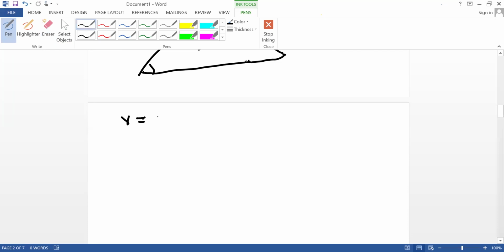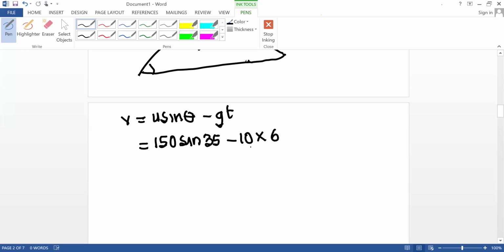So this is u sine theta minus gt, and 150 times sine of 35 minus 10 times 6. This is the vertical velocity at 6 seconds. 150 times sine 35 is approximately 86, minus 60. So this is giving us 26.